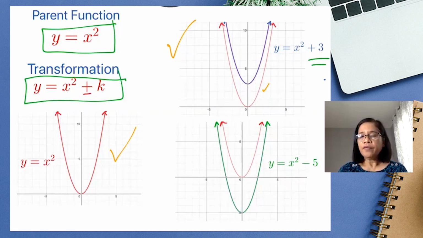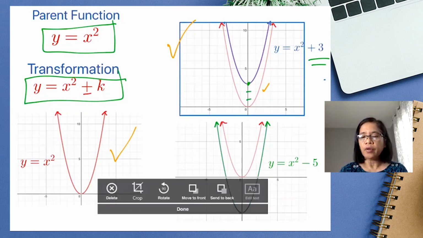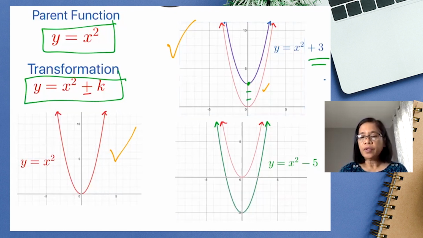So the value of k here, when you look at this blue graph, or the purple graph, this graph is the original graph moved k units up: 1, 2, 3. So each point on the graph will be moved 3 units up.